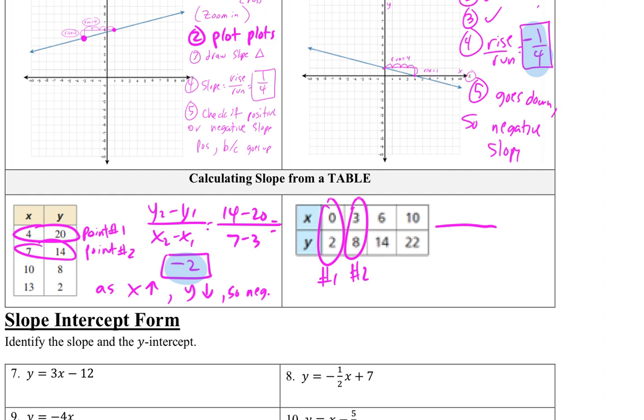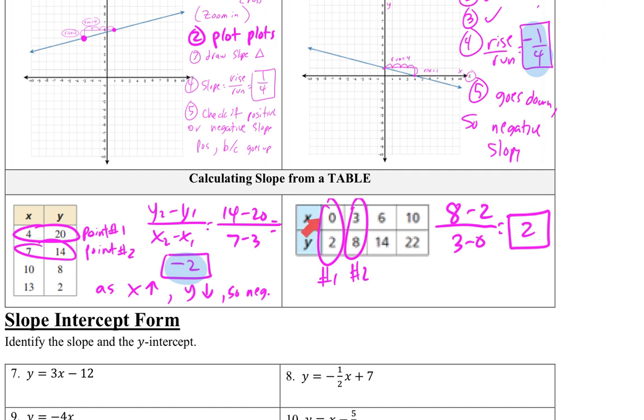So we're going to say y2 minus y1, so 8 minus 3, over x2 minus, I'm sorry, not y over x, 3, right? We don't want to make that mistake. Y2 minus y1, 8 minus 2 over 3 minus 0, right? 3 minus 0. All right, so if we put that into our calculator, that's going to give us the answer of 2.